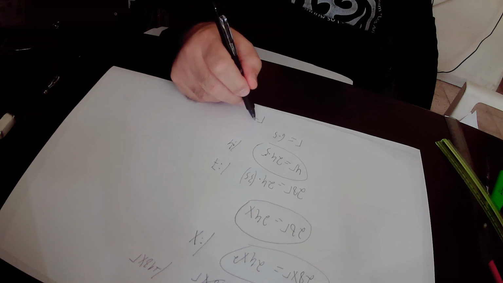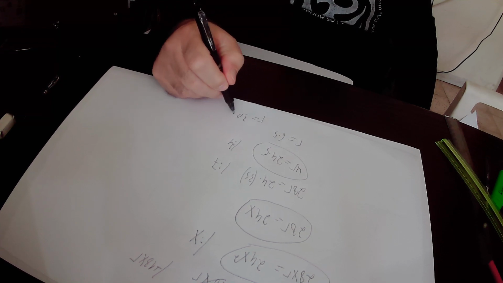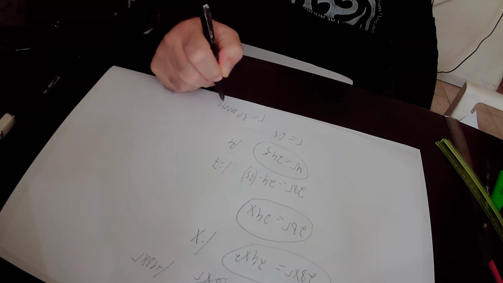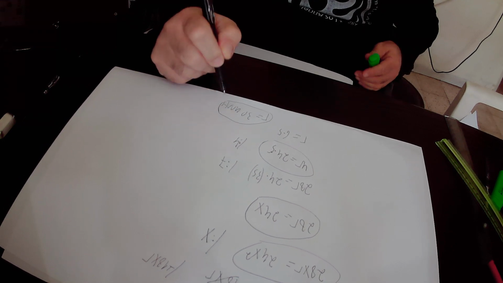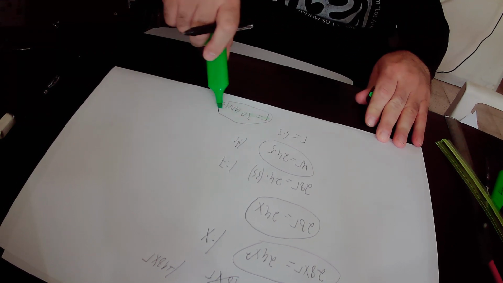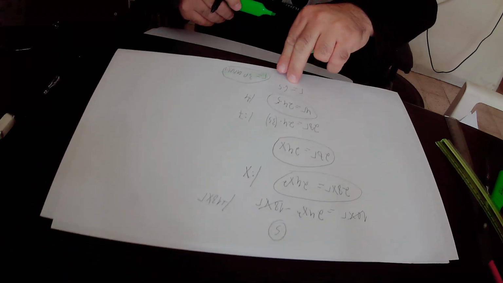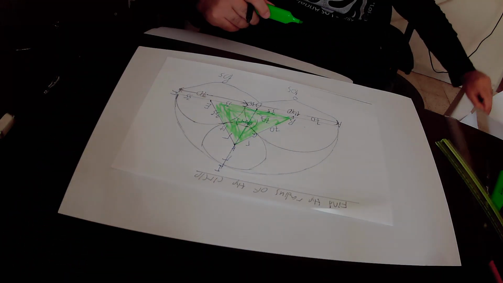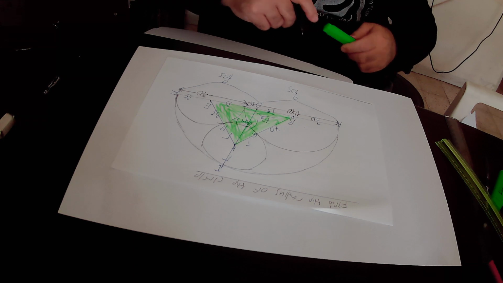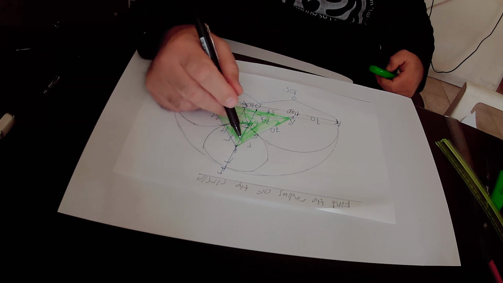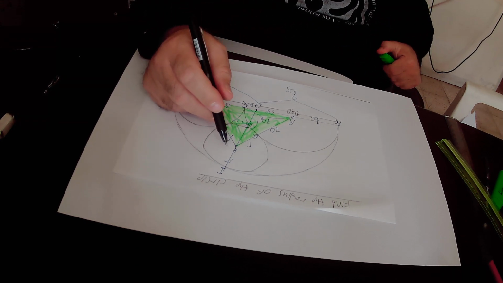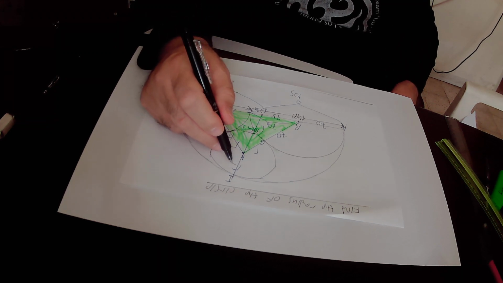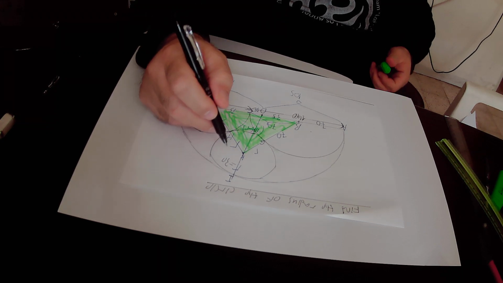So r equals 30 units. So finally, we found out that the radius of this circle r equals 30 units.